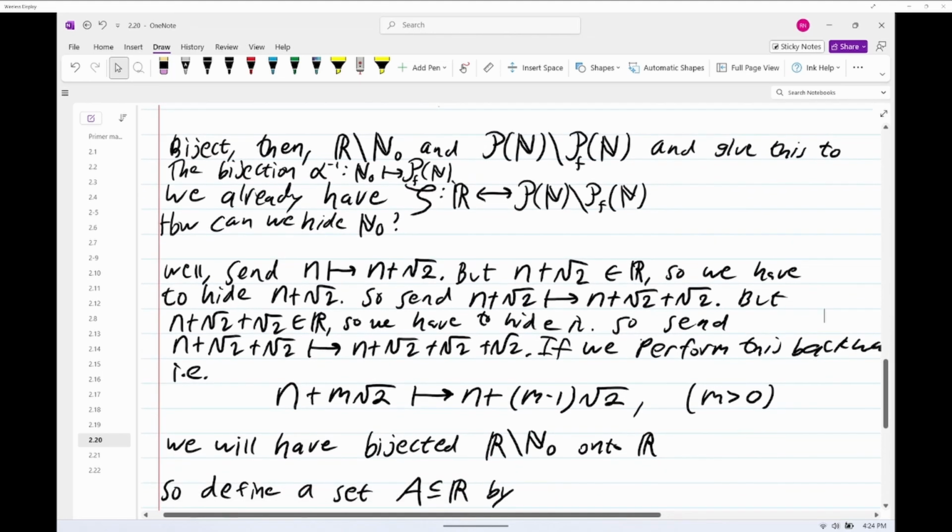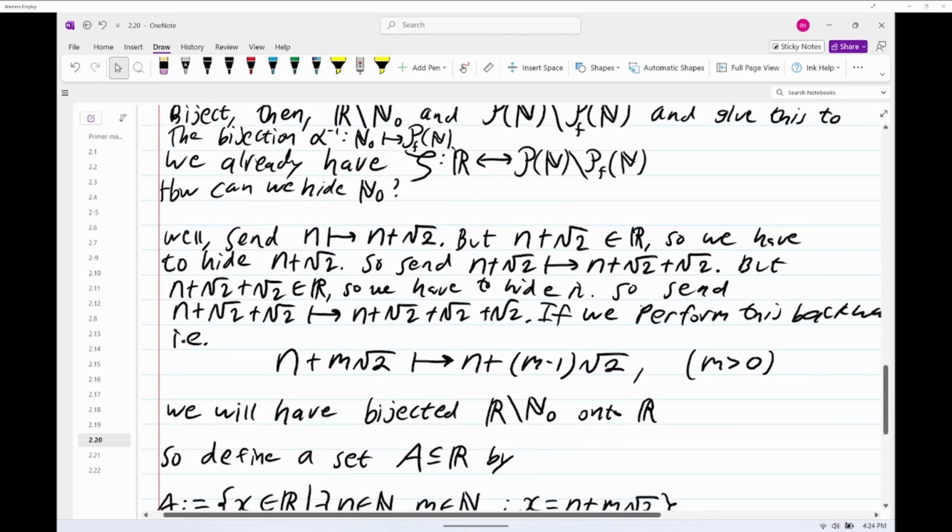If we perform this backwards, sort of, so if we send N plus M square root 2 onto N plus (M minus 1) square root 2, where M is bigger than 0, then we will have bijected R without N naught onto R. And the assumption is we do nothing to the rest of the real numbers.